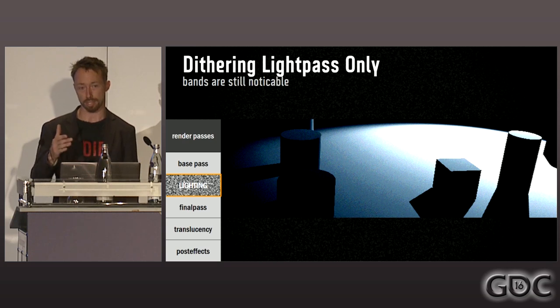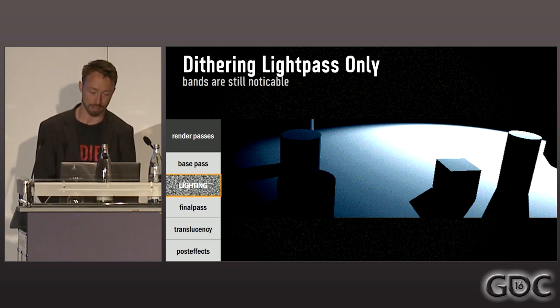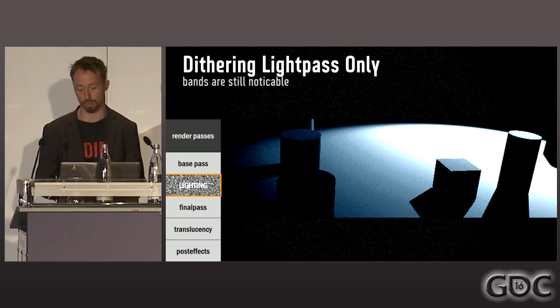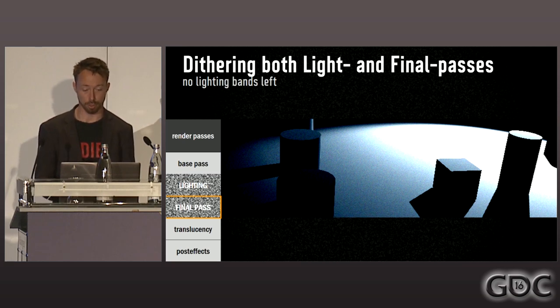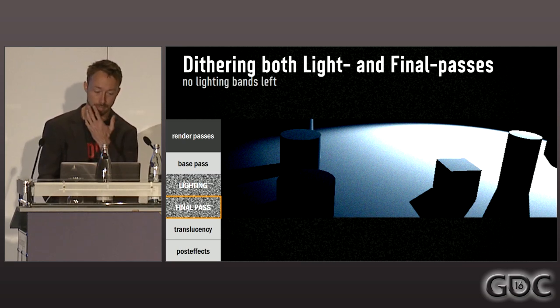But we still have these waves through the light, not due to the type of noise, as you might think, but because the final pass is reading the lighting buffer, applying materials and writing that into an 8-bit buffer. So of course we need to dither the final pass as well. In doing that, we have an entirely banding-free output in this scene.